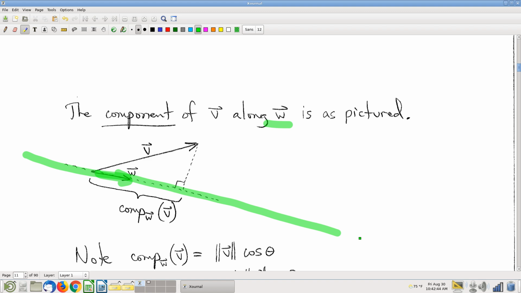And the component of another vector V says, to what extent does my vector V actually point in the direction that I'm interested in, namely the direction defined by W? So if you interpret one vector as defining a direction and you want to know how much another vector points in that direction, that's what a component is.